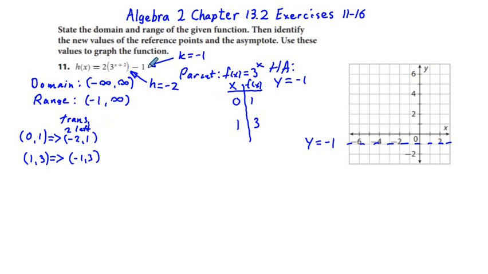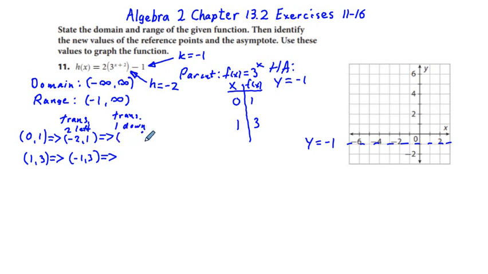The next thing we have is k is equal to -1. And so what that is going to do, I'm going to write this down here, translate 1 down, for 1 unit down.